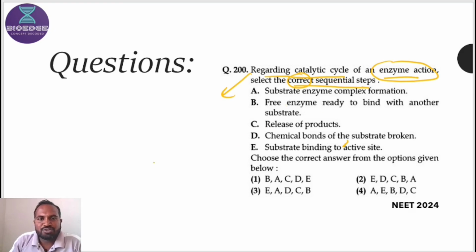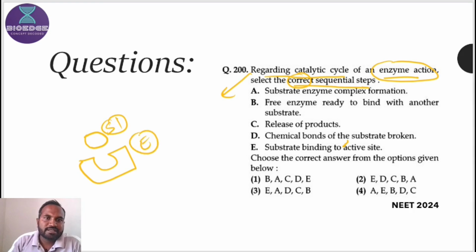So if this is the enzyme and this is the substrate, the substrate binds to the enzyme, and then a complex is formed. After formation of the complex there is making and breaking of bonds, and after that there is release of the product, and then this enzyme will be used again in another reaction. So let's see where this concept fits in these four options.